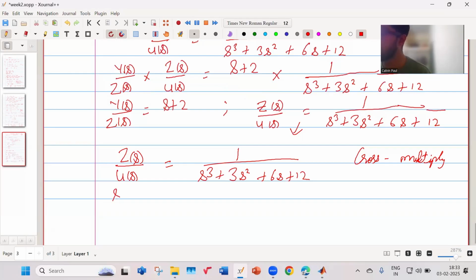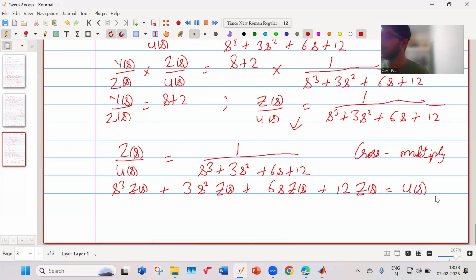So this becomes s cube into z of s plus 3 into s square into z of s plus 6 into s into z of s plus 12 into z of s. This is equal to u of s.